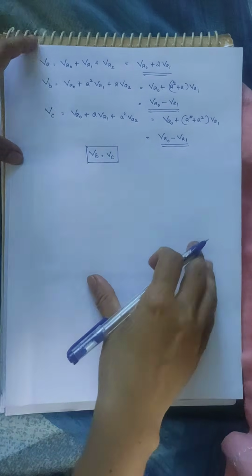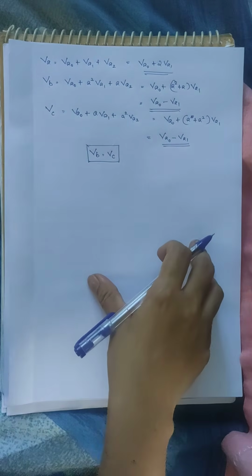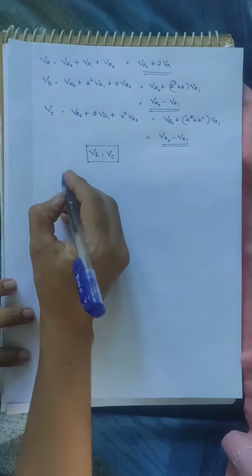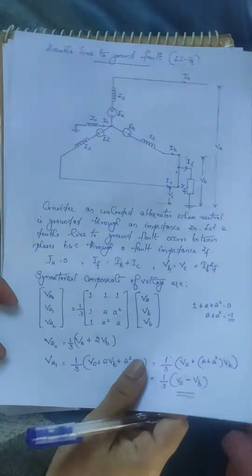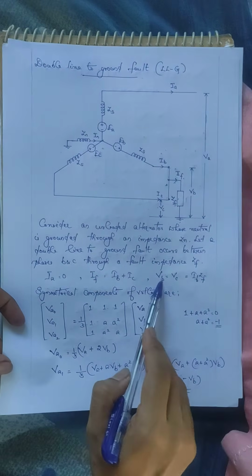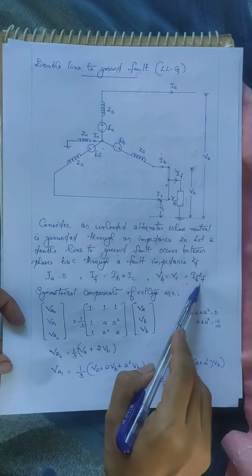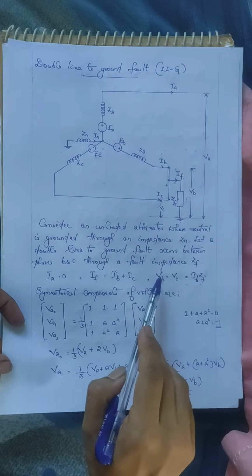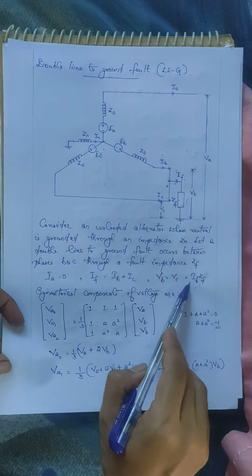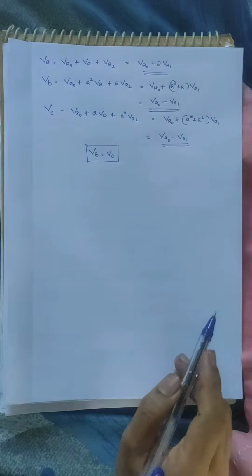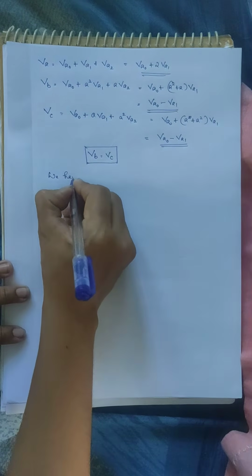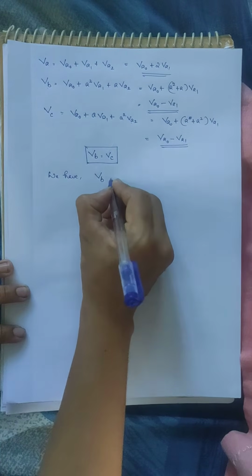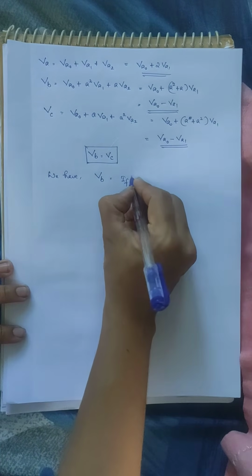Now, let us consider the boundary condition. So, we have one boundary condition, that is VB is equal to VC is equal to IF into ZF. So, let us consider VB is equal to IF into ZF. Now, what is VB?